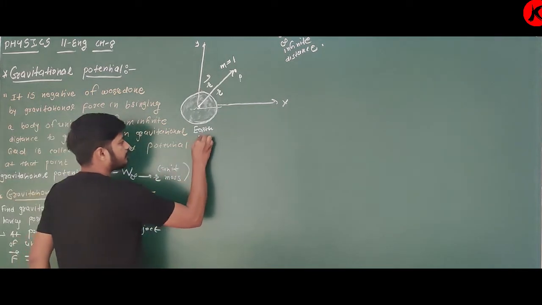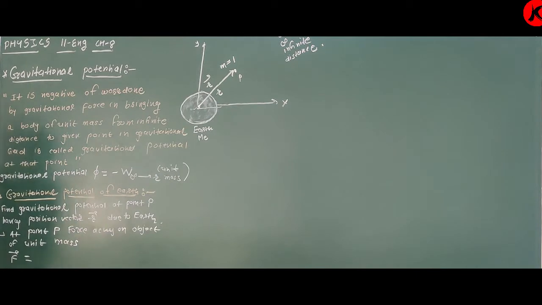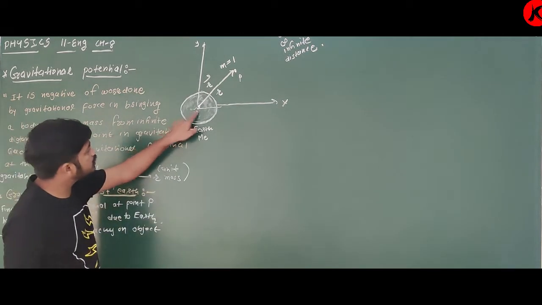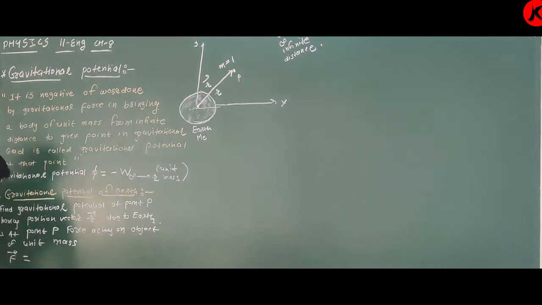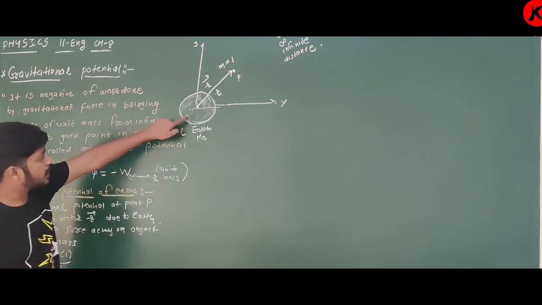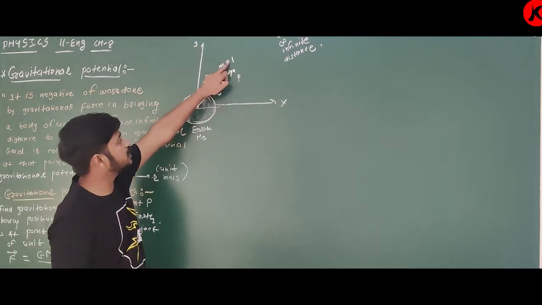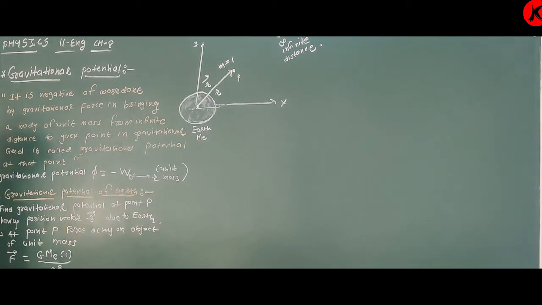Mass of Earth is Me. So the force between Earth and this object, the magnitude is easy to write, that is G Me times 1 upon r square. Mass of Earth is Me, mass of this object is 1, and distance between them is r square. Now, direction.